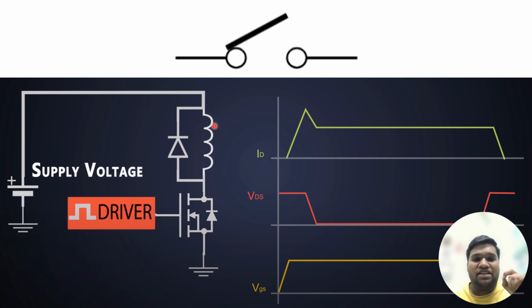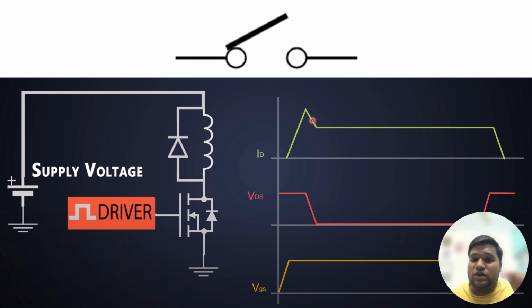And we also have an inductor over here, and you know that an inductor doesn't like changes in current. So after a point of time, when the VGS is increased up to the threshold and beyond, the VDS gradually starts to decrease.